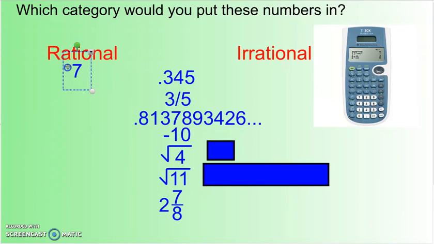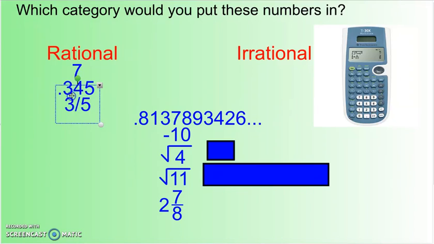It is a rational number because it's a whole number. How about 0.345? Yes, it's a terminating decimal, so it's in the rational category. How about 3/5? It is already a fraction, so it is in the rational category.